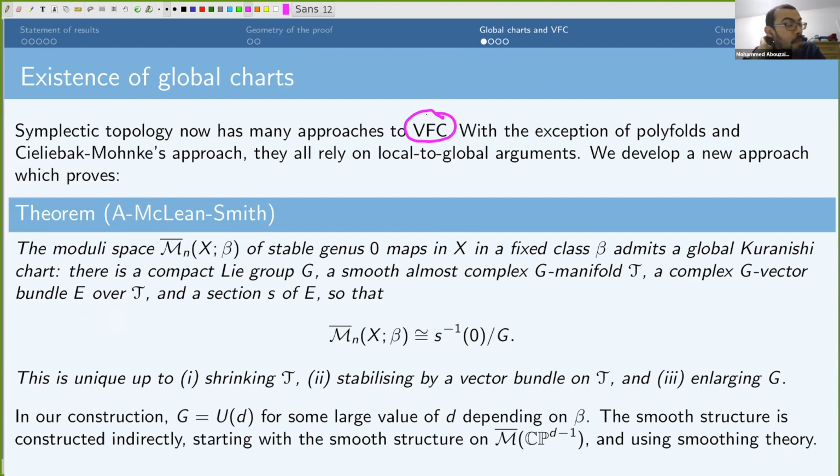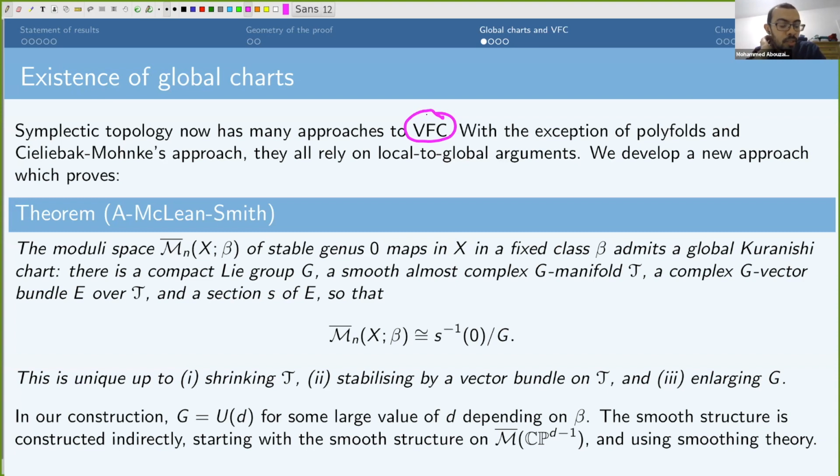But on the other hand, that paper was hundreds of pages long, and it's not clear that we would have been able to write the current paper that I'm discussing as something of reasonable length using those methods. So instead we developed some ideas of McLean's and constructed global charts in this context.